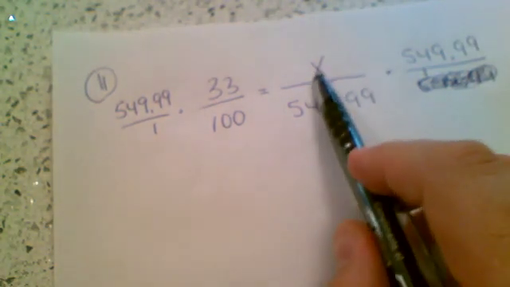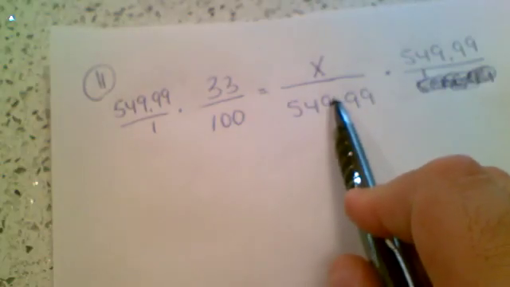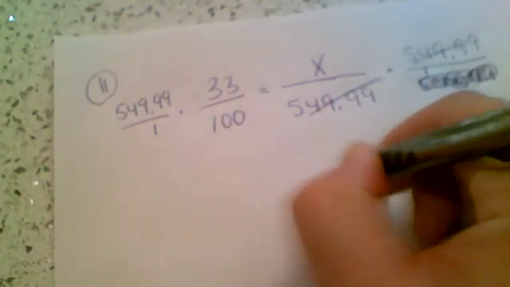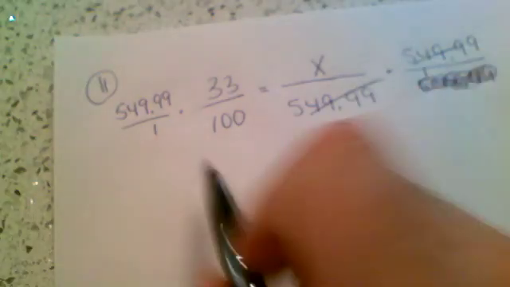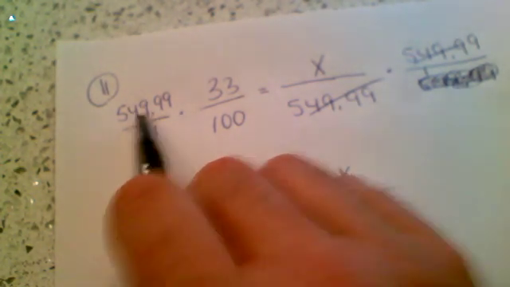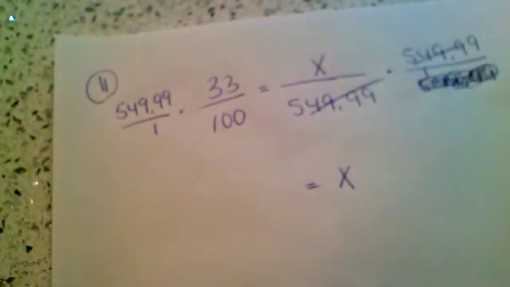And again, we know that when we take a number and multiply it by something and divide it by that same number, nothing really happens. So we just get that variable back. And on our calculator, we're going to multiply 549.99 times 33, divide by 100.